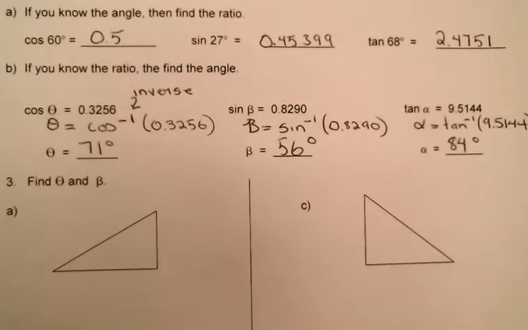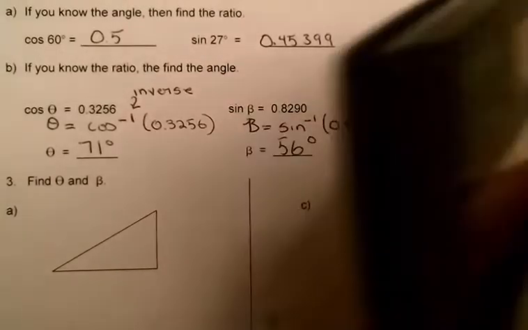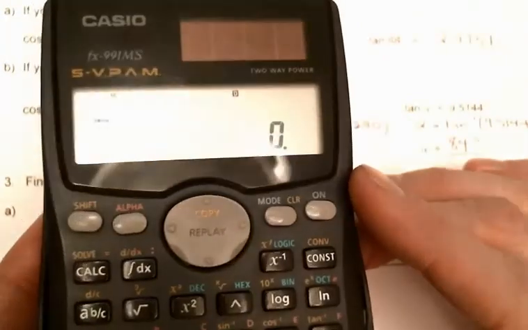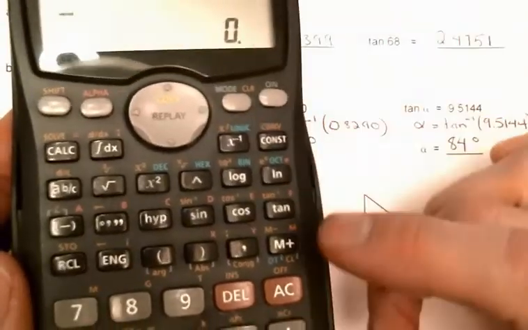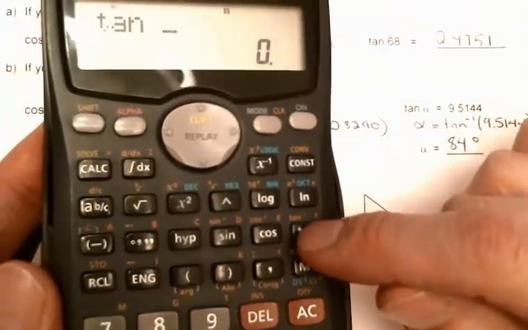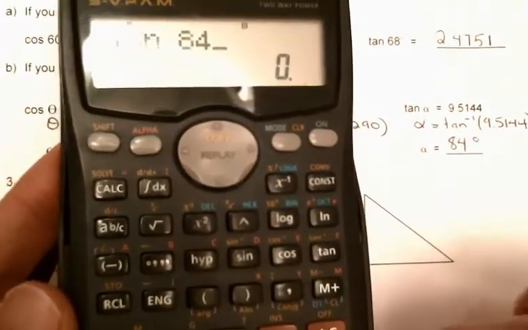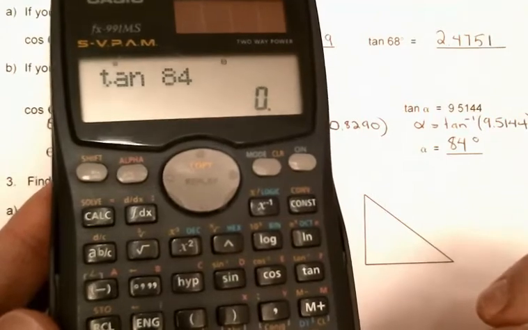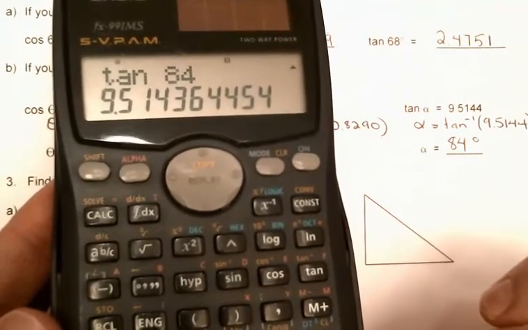Okay, so that's how we move from ratios to get the angle. And something interesting to do, now that we know alpha is 84 degrees, watch, you can go backwards. What if I hit tan 84 degrees? What do I get? Of course I have to get the same thing.